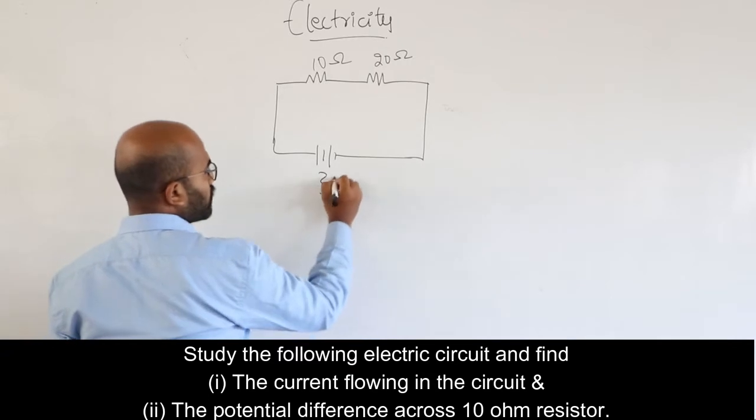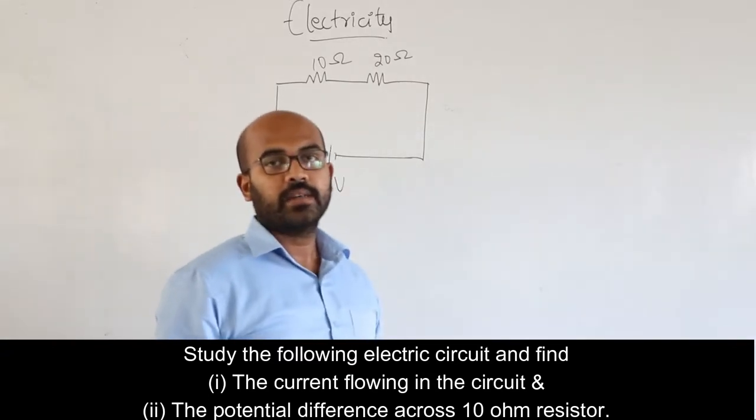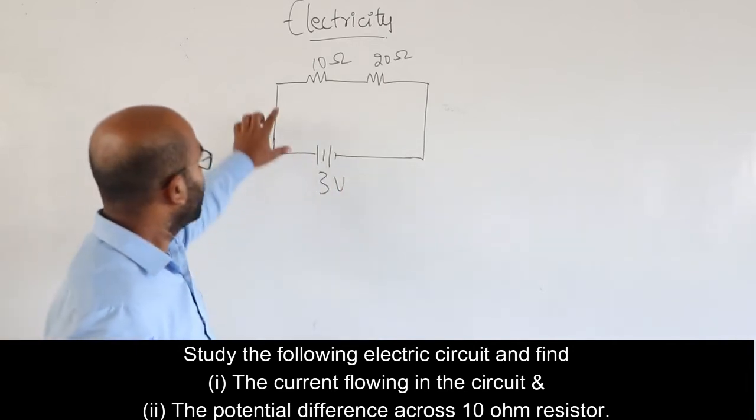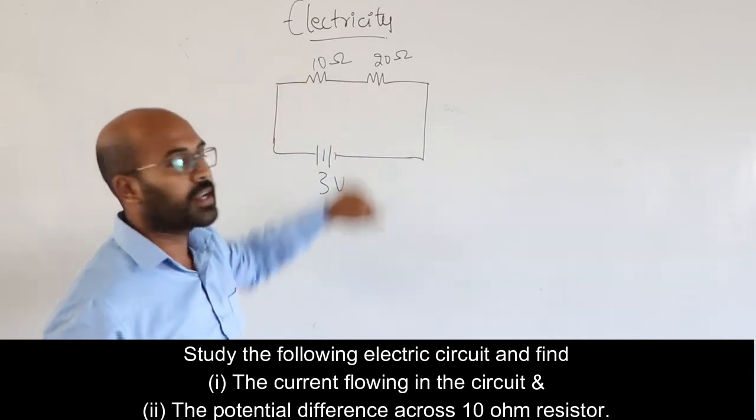This is a 3 volt battery. So what we need to do is find the current. So the total current that is flowing through the circuit is, this is 10 ohm and 20 ohm.